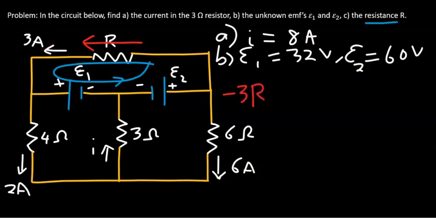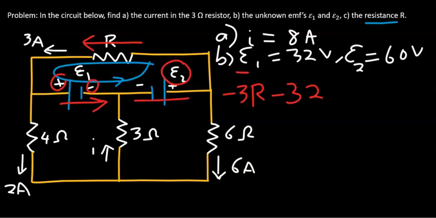And then when we get to the first battery, the direction of travel is like that, from the positive terminal to the negative terminal, and that's going to give you a minus term in the potential difference, namely minus E1. We know the value of E1 is 32, so that's minus 32 volts. And the final term in this loop is given by E2, and we'll be traveling like that from the minus terminal to the positive terminal, and that's going to give you a plus term, plus E2, and E2 is 60 volts, so plus 60 volts.